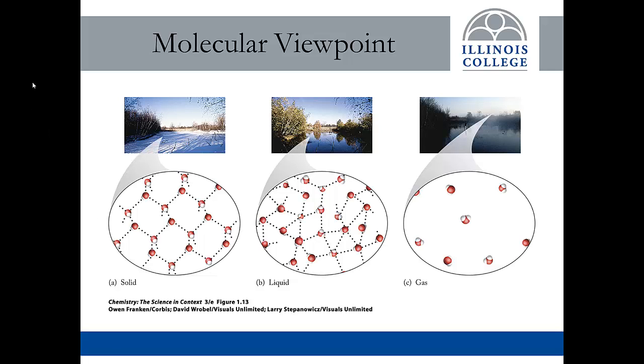An analogy that I often use in thinking about how solids, liquids, and gases differ at the molecular level is to think about people that are packed, interacting in different situations. So in this case, we're going to think about the subway system in Tokyo, Japan at rush hour.